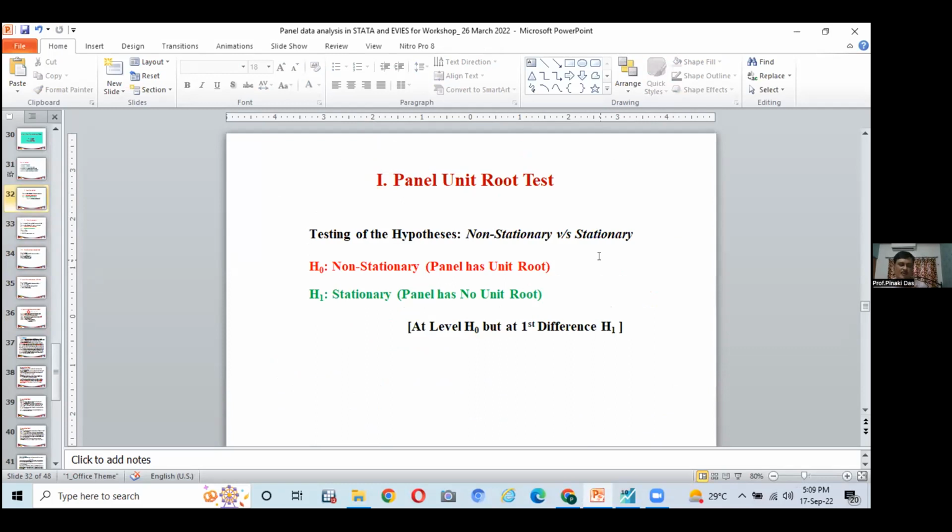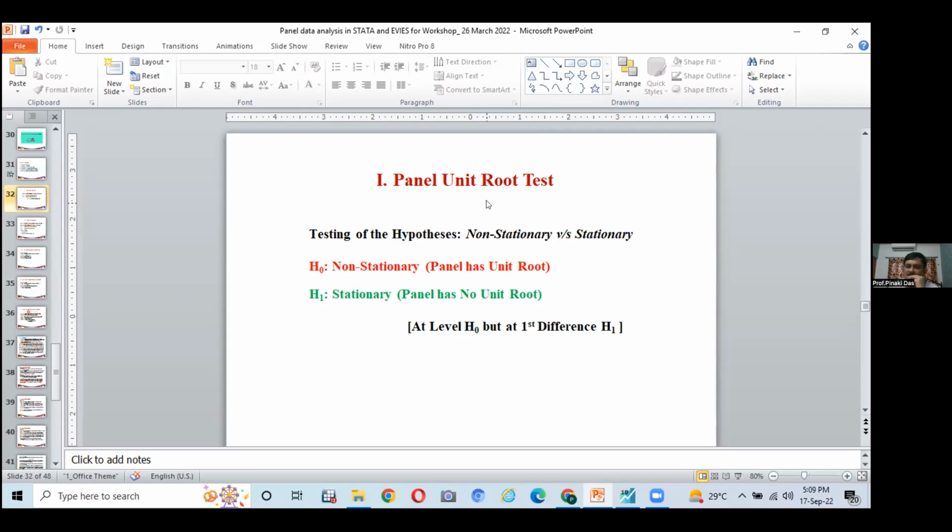Have you any idea about the unit root test? Yes or no? You have learned it in your time series analysis. Anybody can answer. What do you mean by unit root test? Hello. Okay, it is my task.